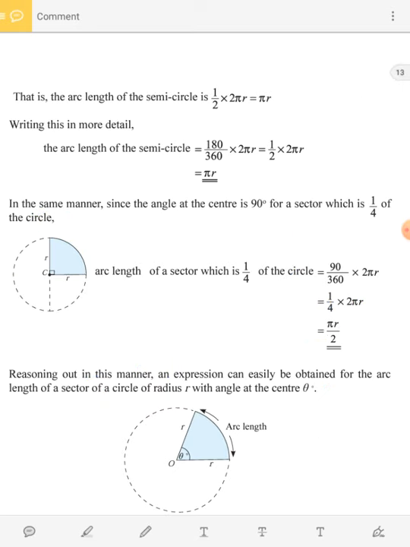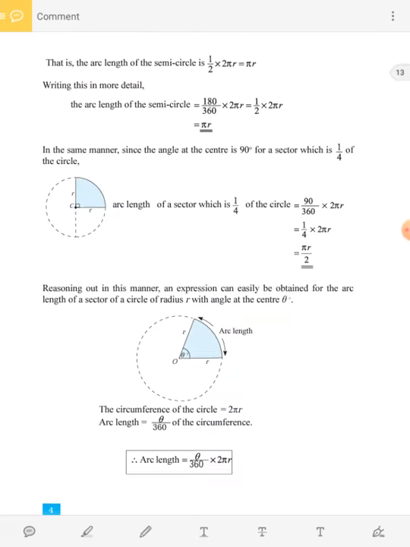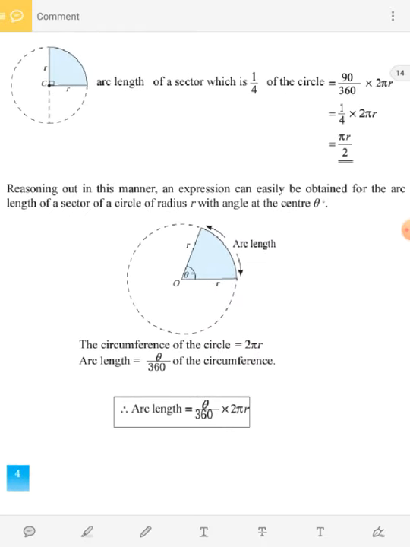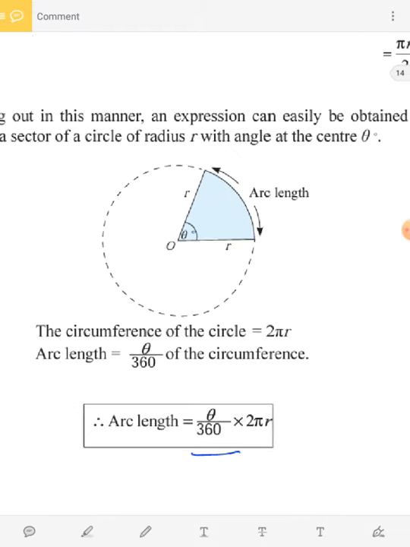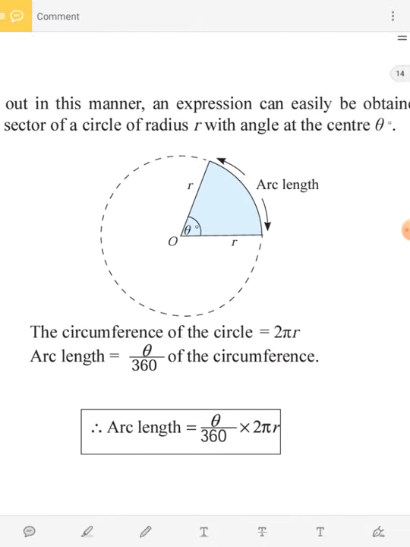Let's erase everything. Let's move to this. We can come to a conclusion. So arc length would give angle proportion times 2 pi r. Here, this theta and r are variables. These two can vary.